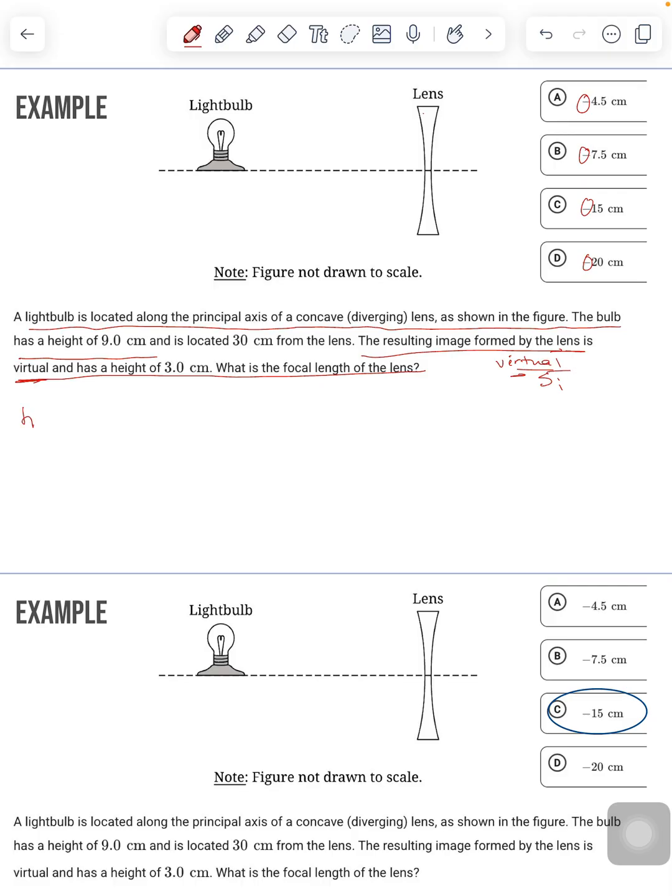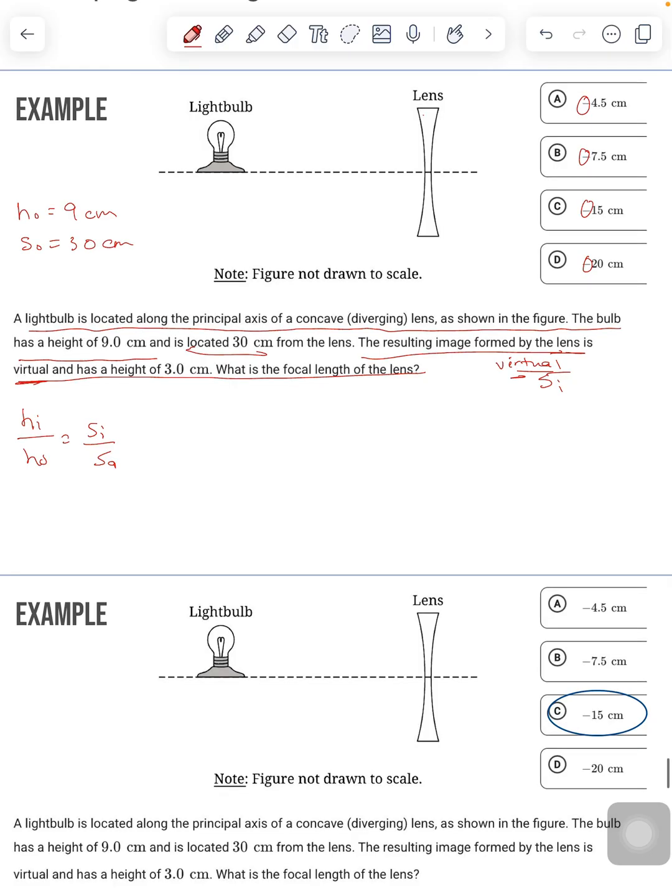So we're going to use hi, ho, si, so, and just write down what we've got here. The height of the actual object is 9 centimeters. The location, SO, is 30 centimeters in front of the lens. The height final is equal to 3 centimeters. It is virtual, so the SI is going to be a negative answer.